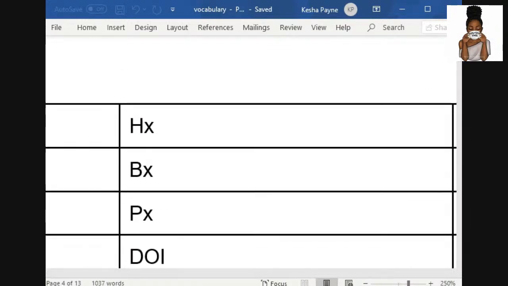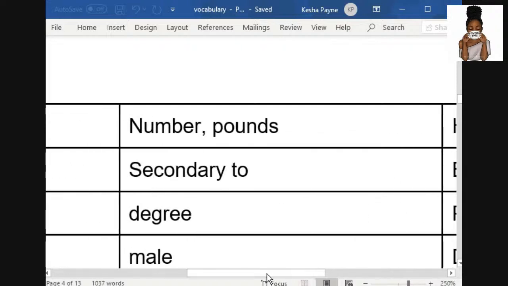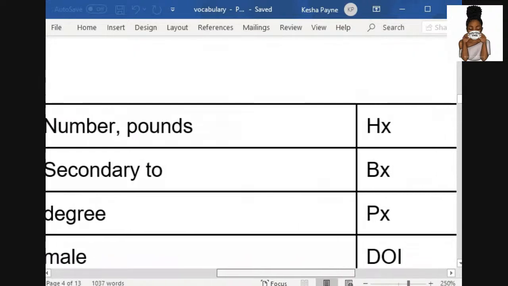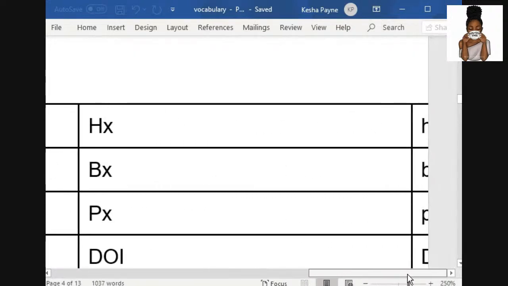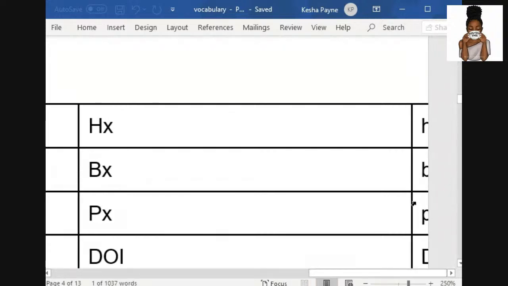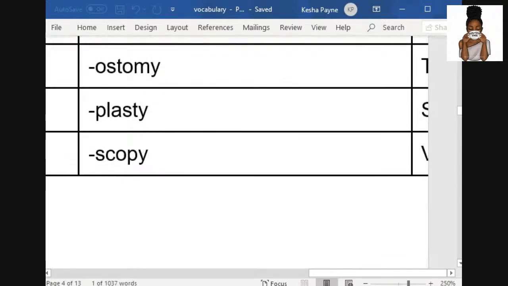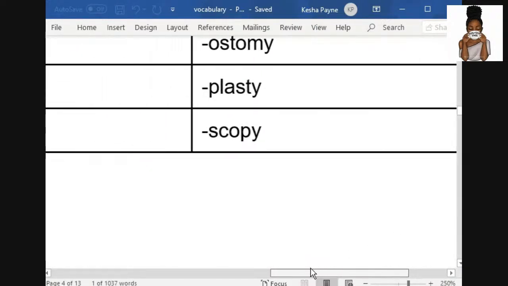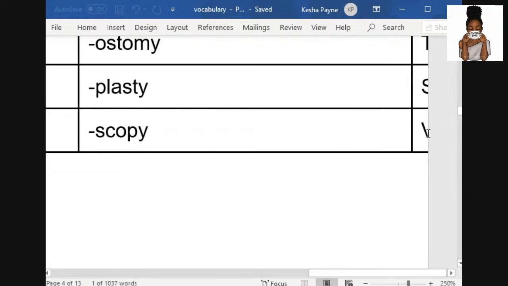What is the PX? Let's see. I'm not going to guess. What is PX? Are you kidding me? Why can't I see it? Okay, oh, because I have to widen my screen here.